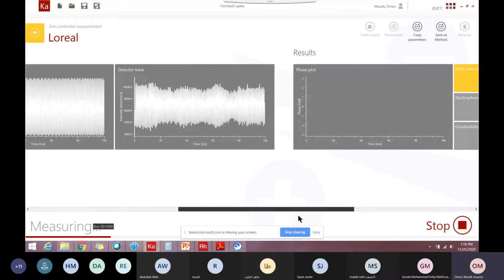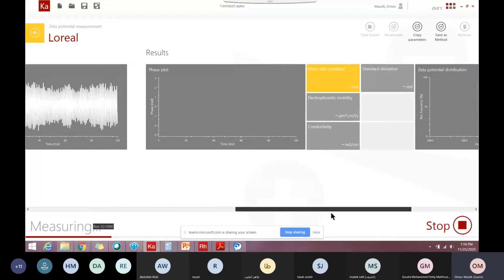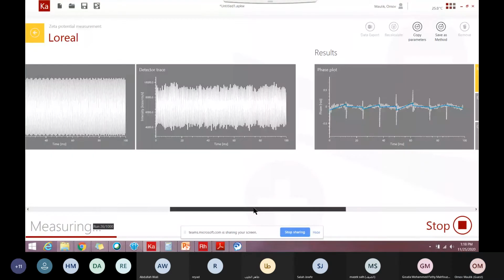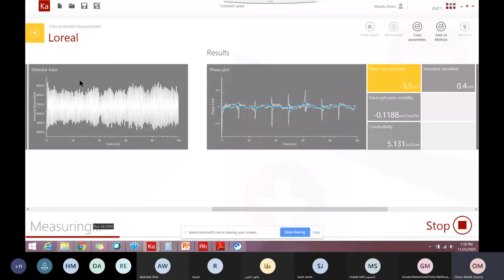You can see the modulator frequency or modulator trace, and at the same time you can also see some sort of variation in the sample trace.